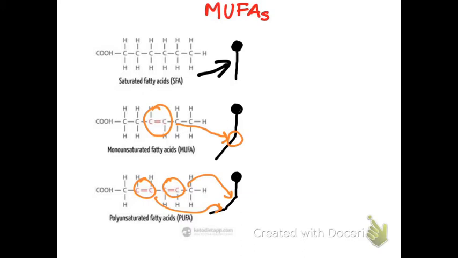But when you introduce a double bond, you modify the structure, and when you introduce more than one, you modify the structure more. So this means that the double bond modifies the structure of the fatty acid and then can modify the property of the fatty acid.